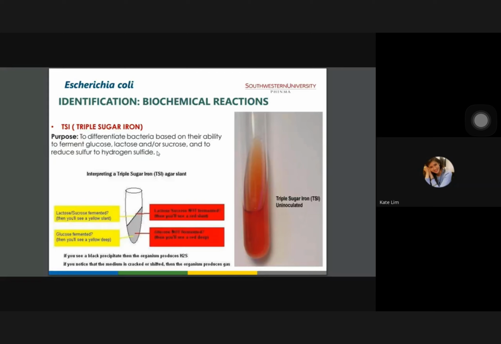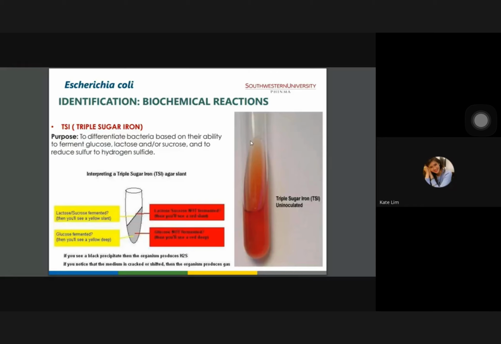We have the pH indicator that would help us know that there is fermentation taking place, the phenol red. We also have the iron salt, which detects hydrogen sulfide production. So that is the composition of your TSI.